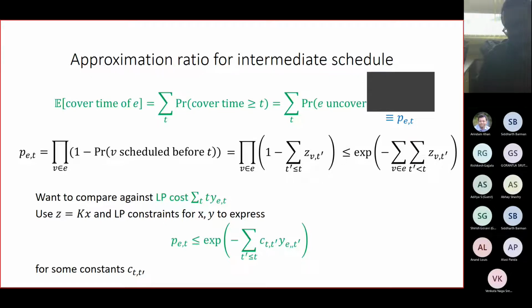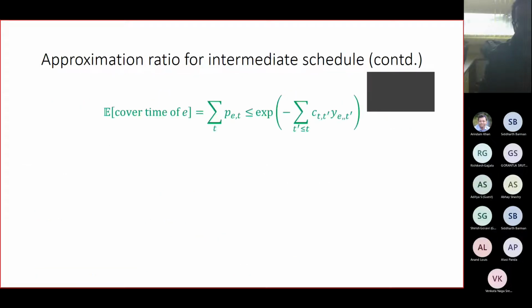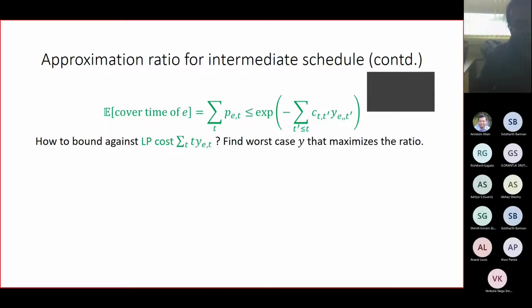So now that we have this, how can we find an approximation ratio? How can we analyze this? So we have this linear function with an exponential, and now my LP cost is some linear function again, right? So I have to bound the ratio of this exponential of a linear versus a linear.